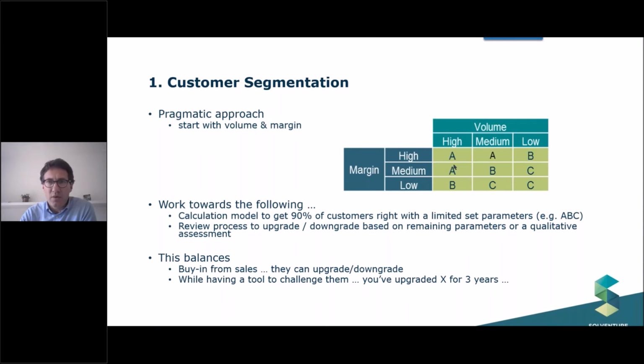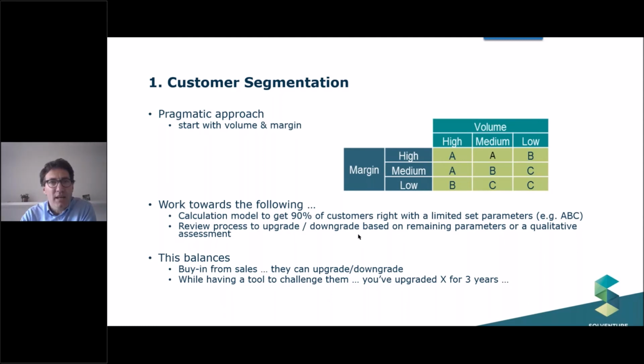My A customers are typically those which have a high or medium volume combined with a high or a medium margin. Those are A, and for example, C would be the ones with low volume combined with low margin. It's not needed to have 100% of your segment allocated based on this logic.